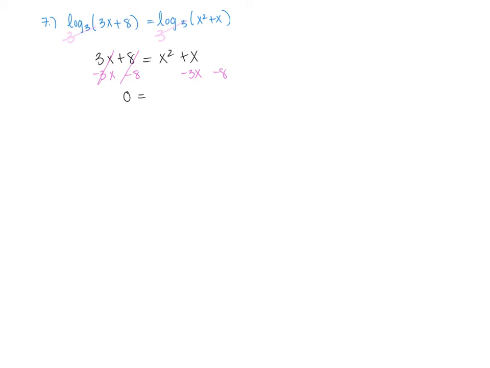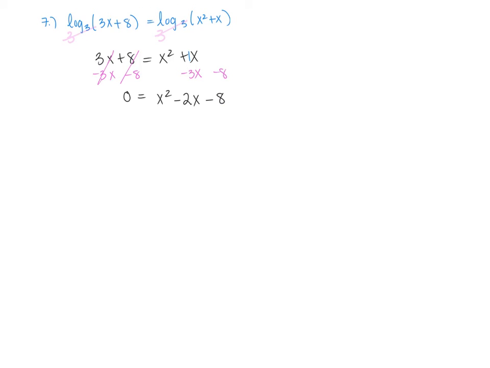So the left side 0, x squared plus, x, let me put a little 1 here. So this is 1x minus 3x, so that's going to give me a negative 2x and a minus 8 that carries down.